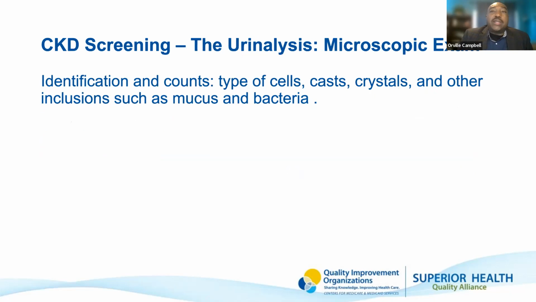CKD screening, the urinalysis, microscopic exam, you want to look for cells, such as, again, white cells, red cells, or even casts, which may be white cell, red cell casts, which could indicate something like an inflamed glomerular basement membrane, which may indicate that you may have some type of acute nephritic disease going on, or you could have crystals, uric acid crystals, calcium oxalate crystals, could be a hint of stones or other diseases.